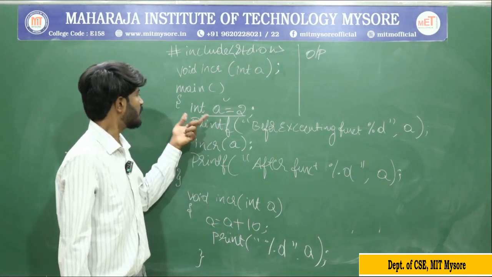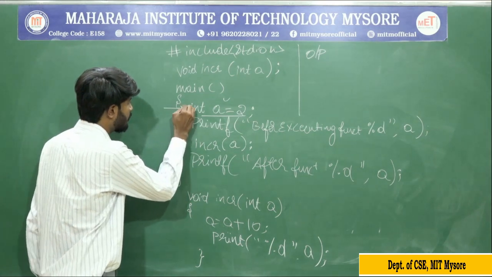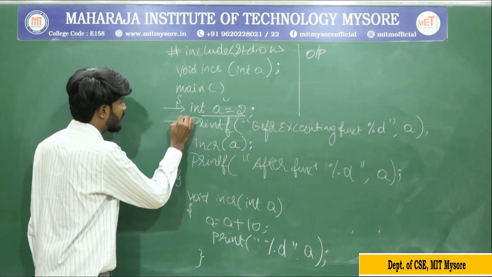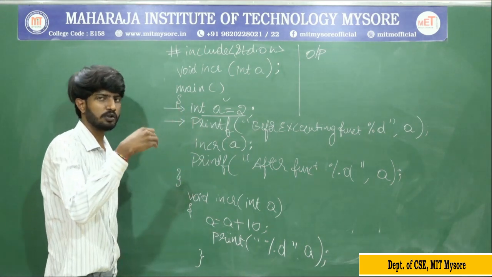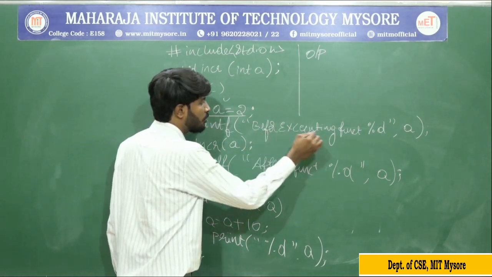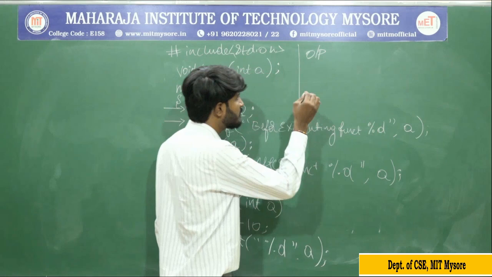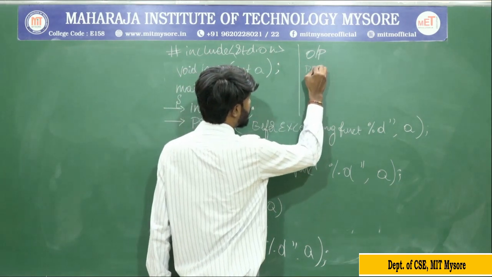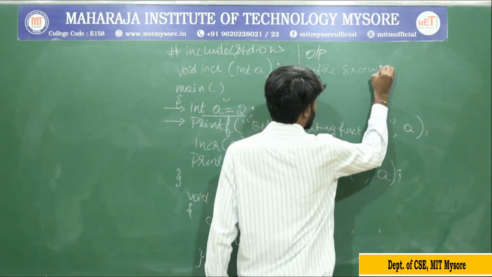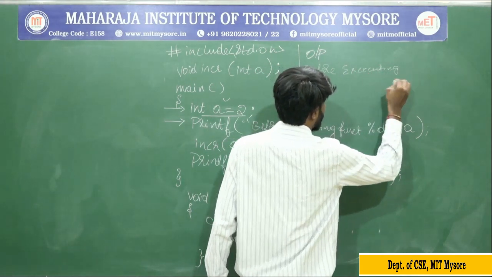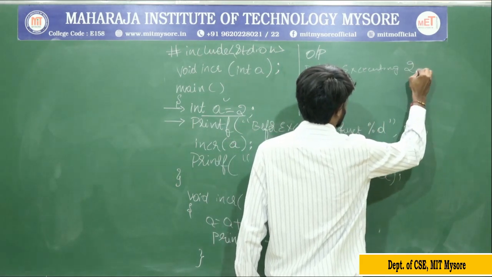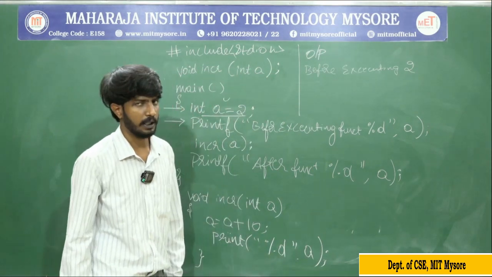The statements execute step by step. Printf before executing function %d means the output is: before executing function the value of a is 2. 2 will be printed here.